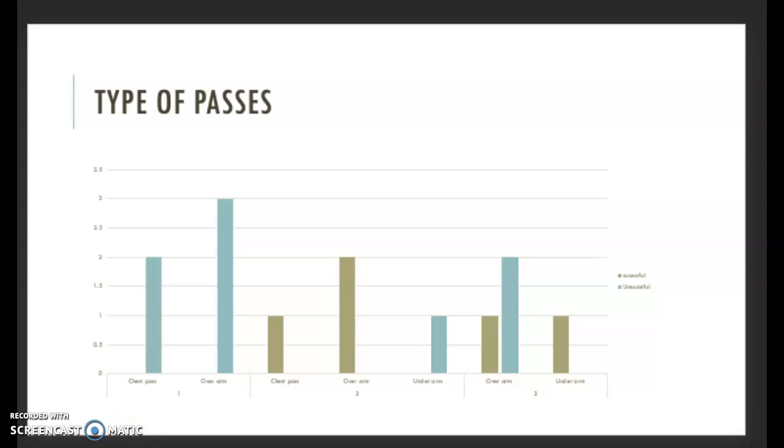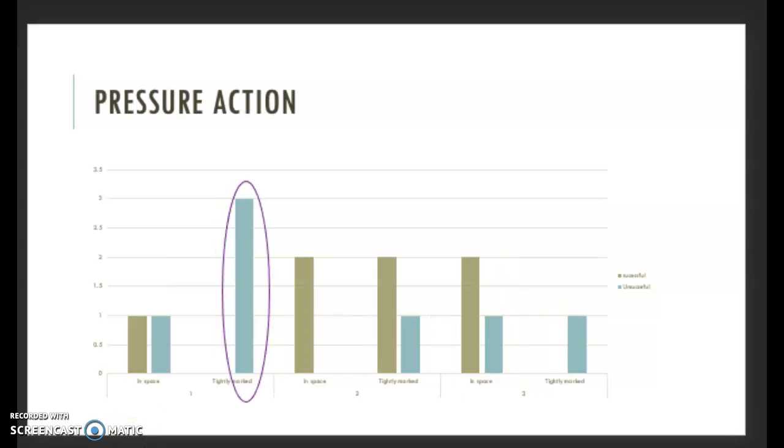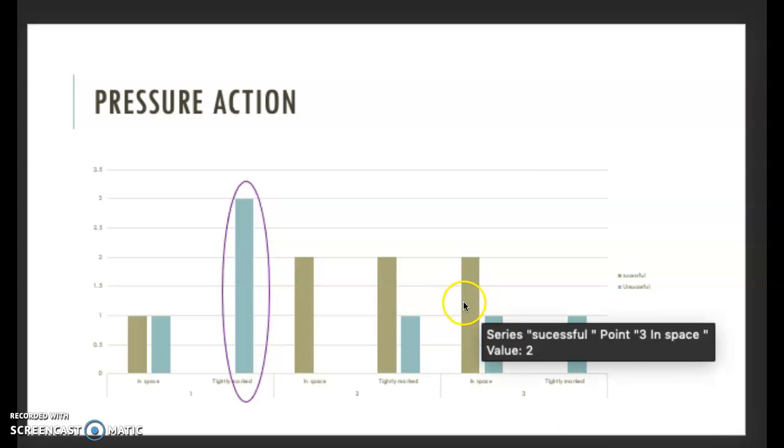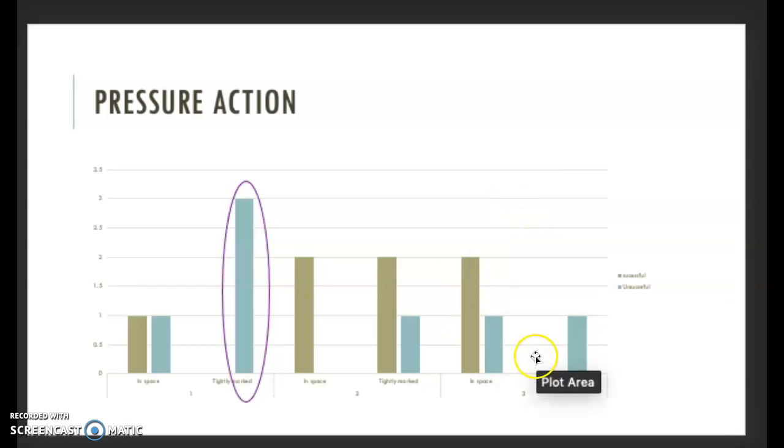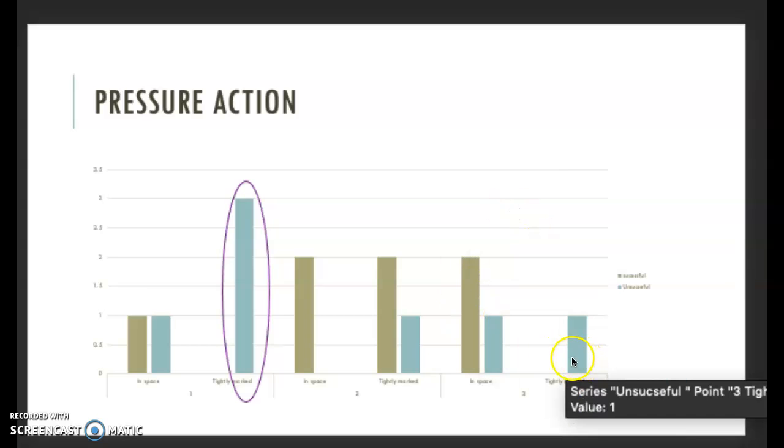And finally I looked at the pressure action. As you can see here, zone 3 had quite a lot of space and they were very successful when passing into space there. The brown is successful and the blue is unsuccessful.